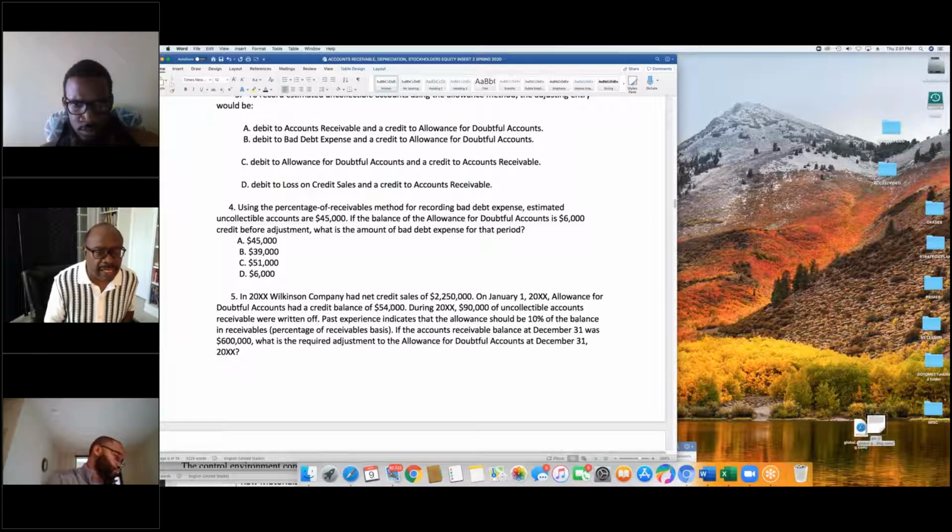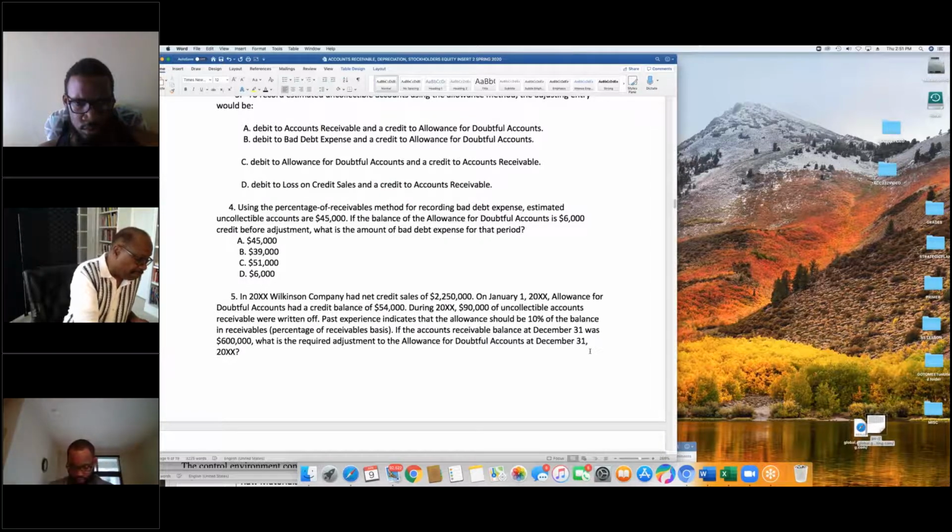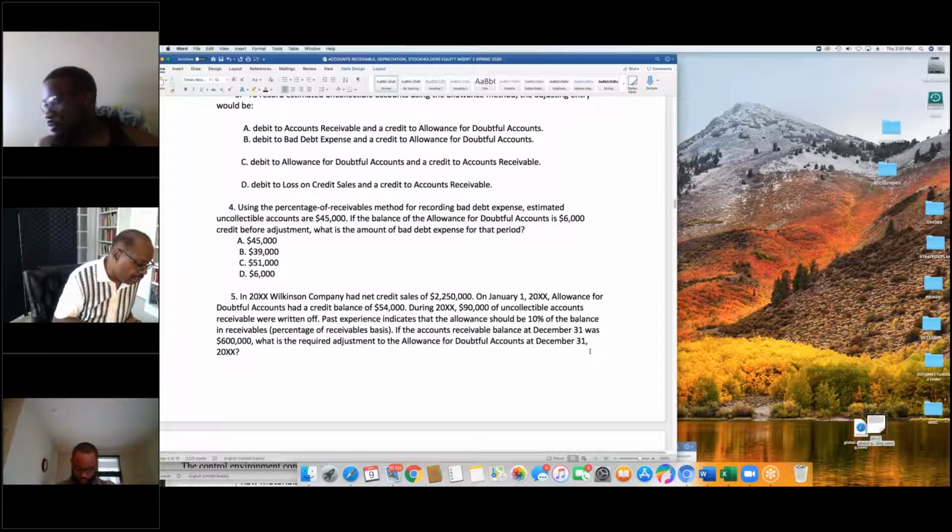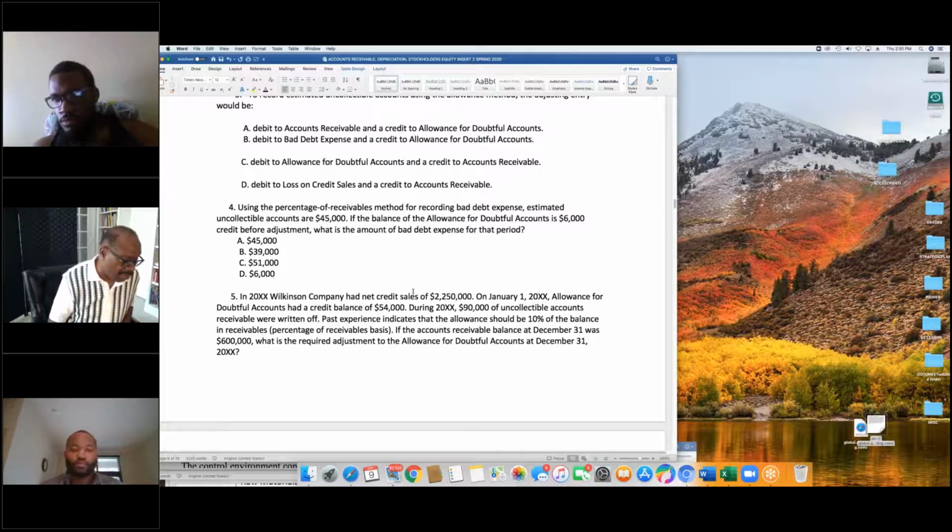The allowance account had a credit balance of 54,000 and 90,000 was written off. So if 90,000 was written off, and the balance was 54, how much is in that account now?